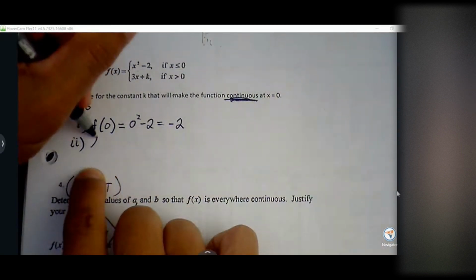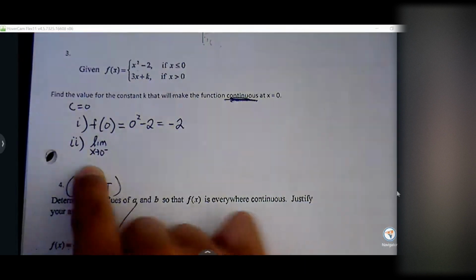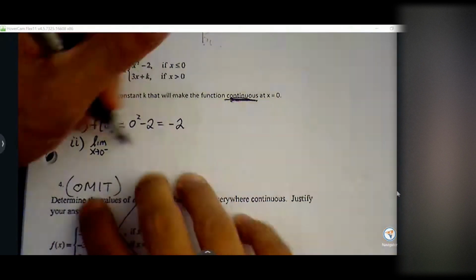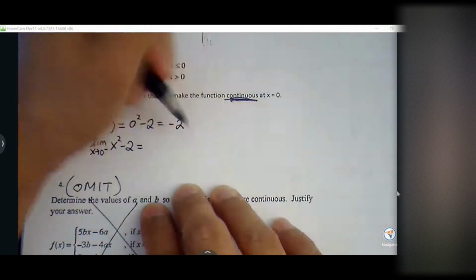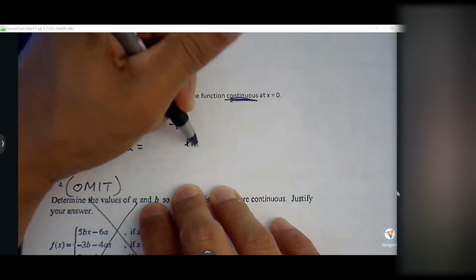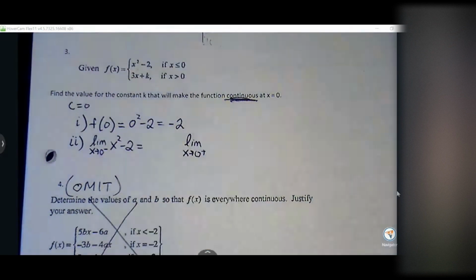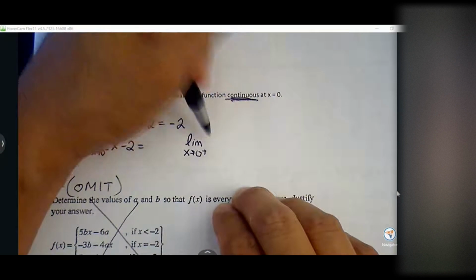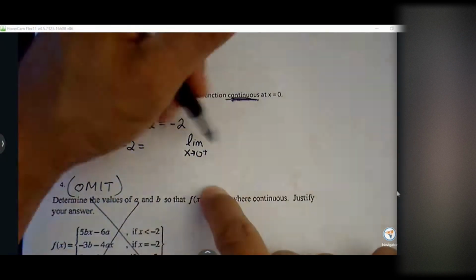So we'll do limits as x approaches 0 from the left side of 0. And left side of 0, that's less than 0, so that's the x squared minus 2. And then the other side, approaching 0 from the right side of 0. 3x plus k. Yeah, 3x plus k. Because 0 from the right is greater than 0.